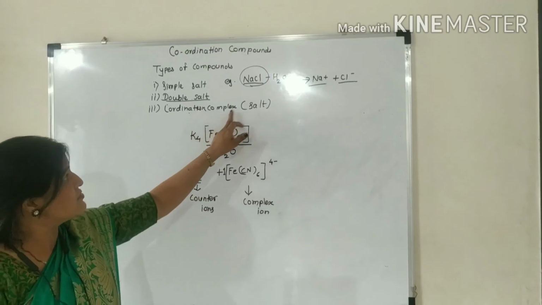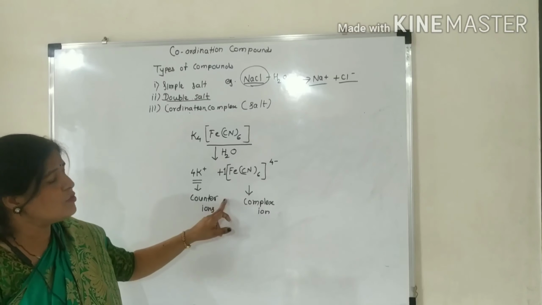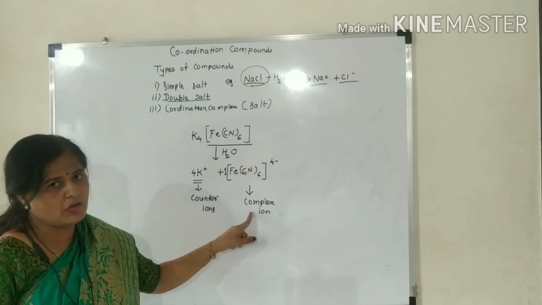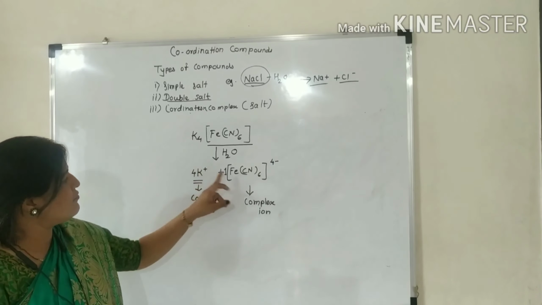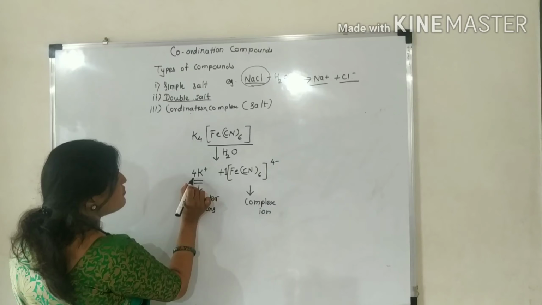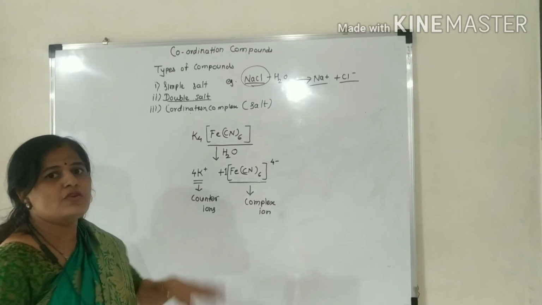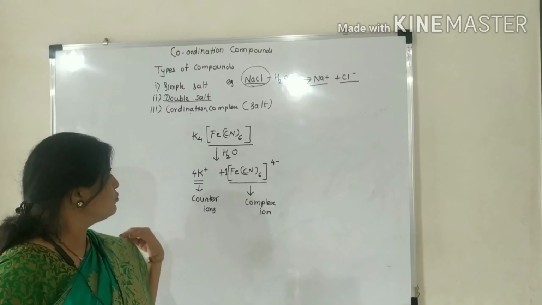When a coordination salt or coordination complex dissolves in water, it gives at least one complex ion. And there are 4 counter ions, so a total of 5 ions are generated here. This square bracket entity does not break in an aqueous solution.